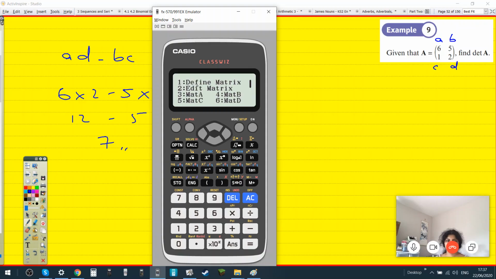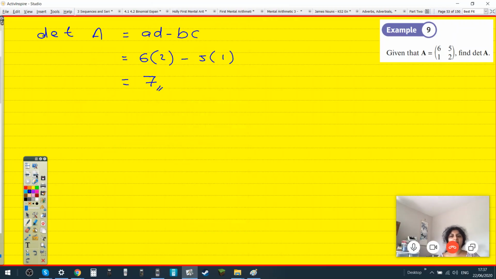Option, matrix D. If you press option and matrix, you can press determinant. Determinant of matrix D. And we get 7, and we had 7. Any questions there? No, it's not that hard.